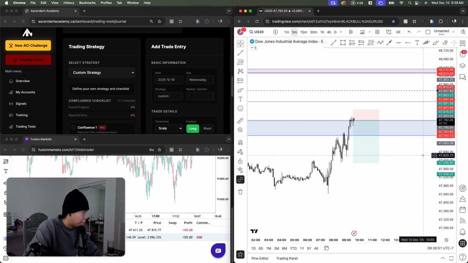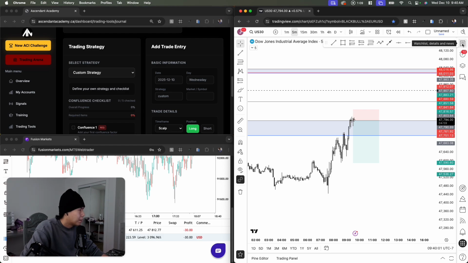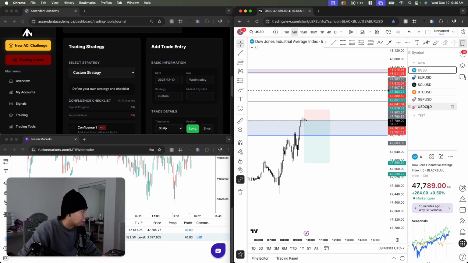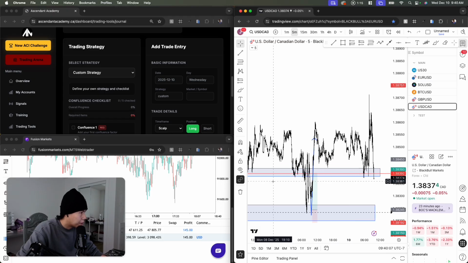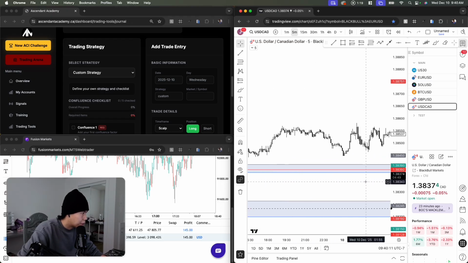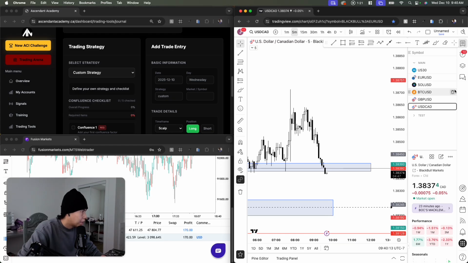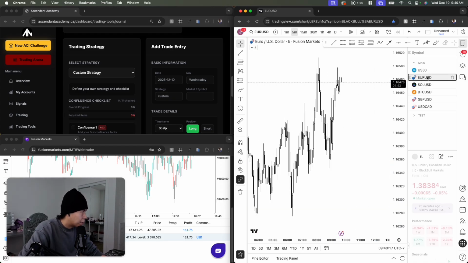So that is why I'm entering so soon, before 100% confirmation that it's going to be continuing to push it down, because I want to maximize this entire move. And also, USD CAD broke out of this support level right here. So the next thing I'm waiting for is just for it to show signs of rejections back up, but that's not going to be for the next like 10 or so minutes.